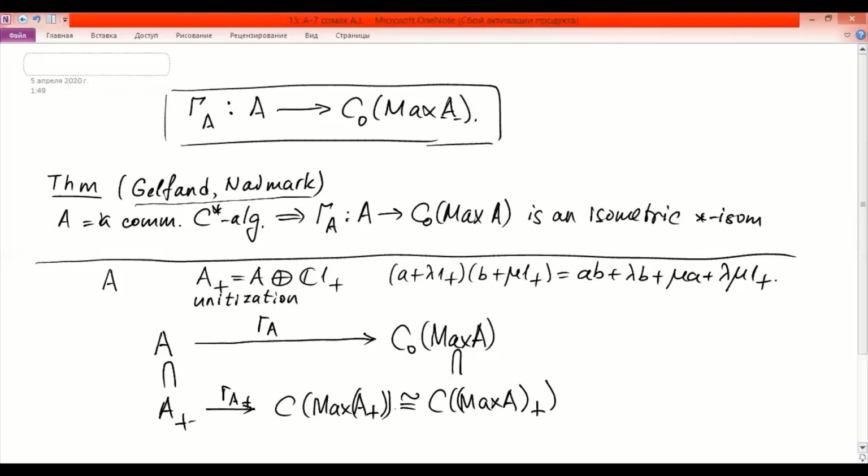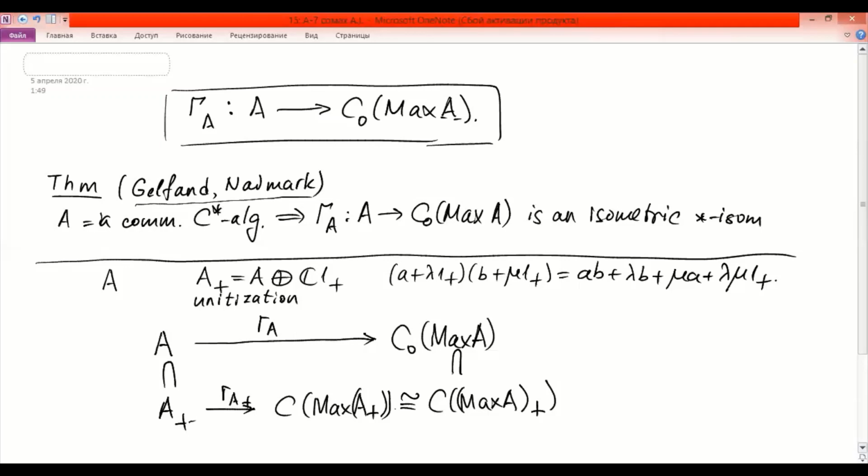Actually, a function on the maximal spectrum of A vanishes at infinity if and only if it extends to the maximal spectrum of A plus, and this new function vanishes at the infinite point. And this diagram is commutative.